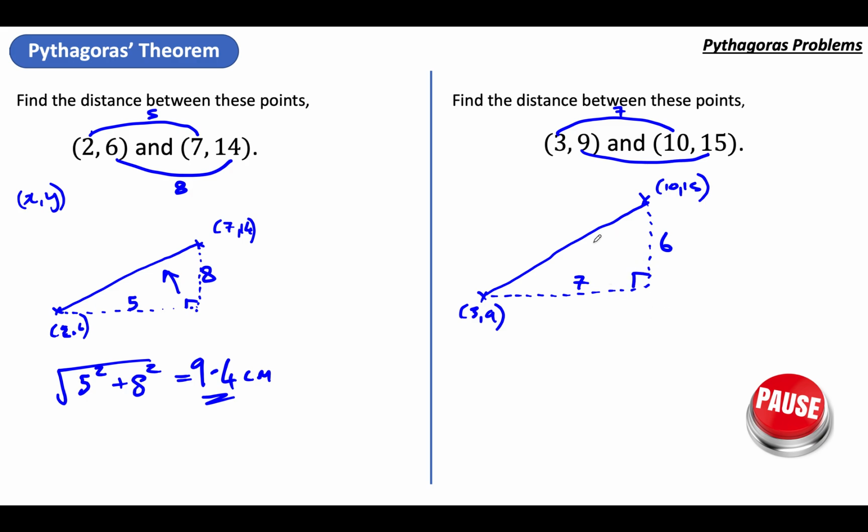It's right angled, and the side we're finding is the long side. So square one short side, square the other, add them, square root it. Square root of 7 squared plus 6 squared is root 85, which is really close to the last one. 9.2 centimeters to 1 decimal place, or 9.22 to 2 decimal places.